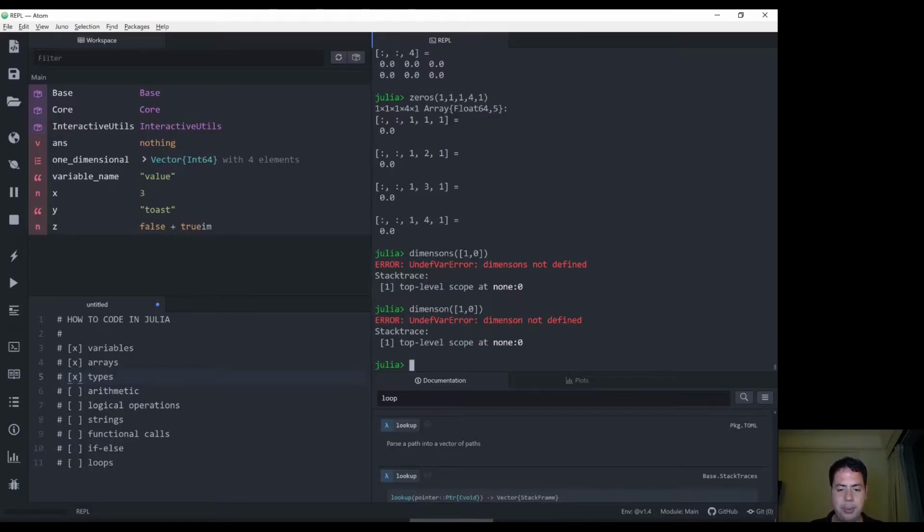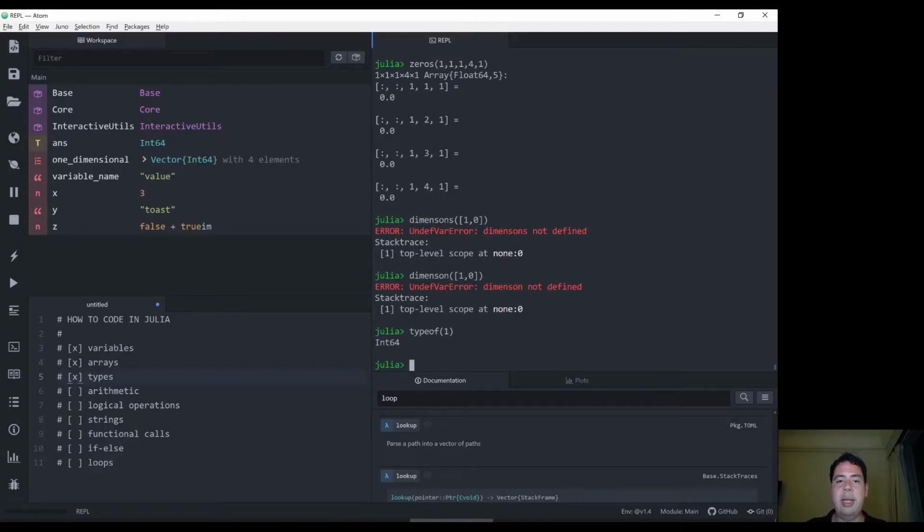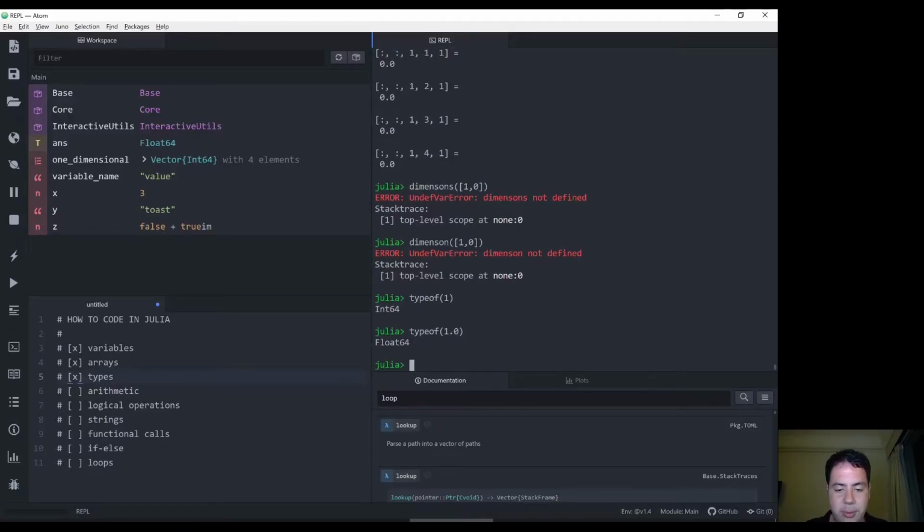For example, if I took the type of 1, that is an integer, meaning a 64-bit integer. The type of 1.0 is a floating point number with 64-bit precision, or a 64-bit floating point number, I should say.